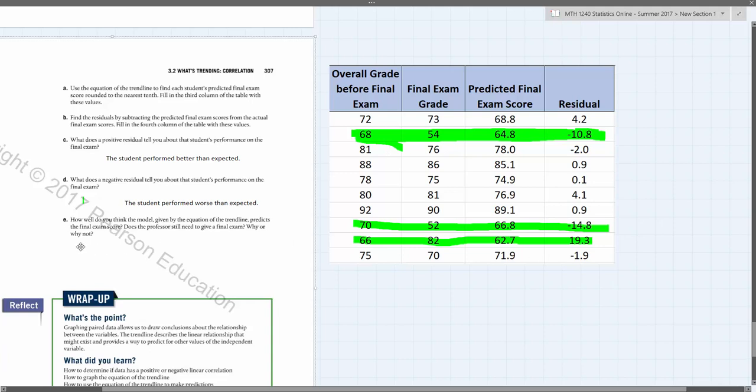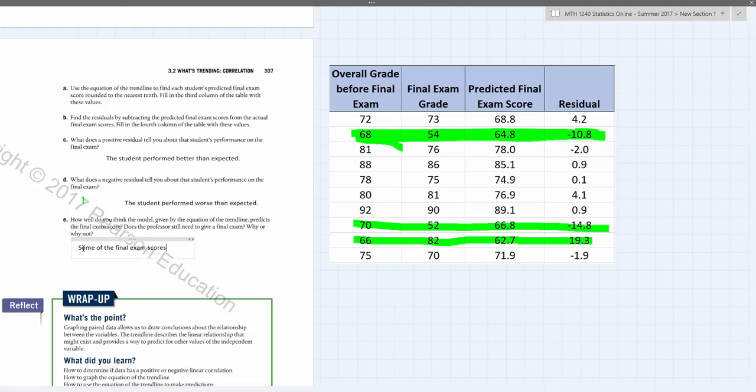If we wanted to put this, let me type this up, we could say something like, some of the final exam scores are much higher or lower than the equation predicts. A final exam is probably needed.